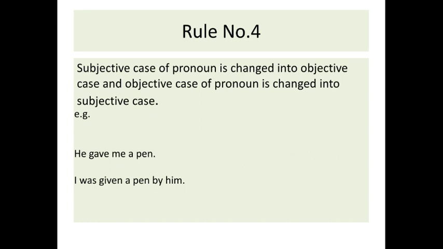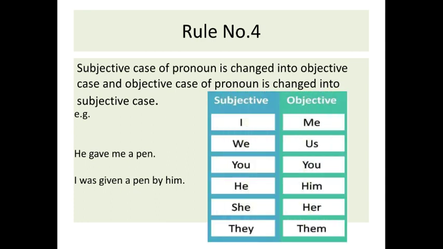According to rule number 4, the subjective case of a pronoun is changed into the objective case and the objective case of a pronoun is changed into the subjective case. Here is a table. In this table you can see personal pronouns, subjective case and objective case.